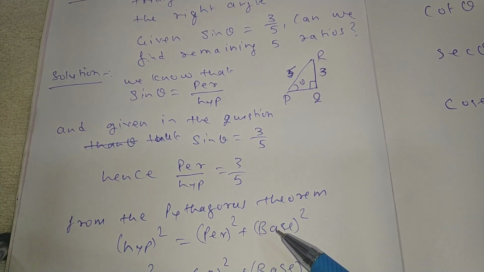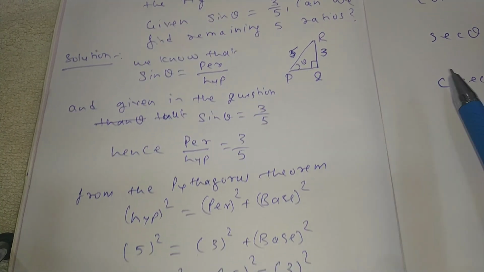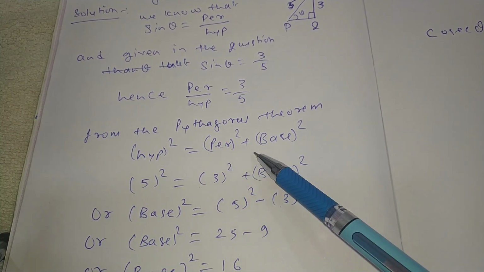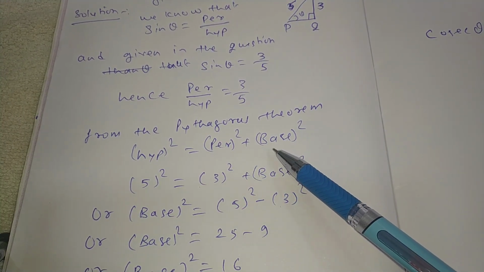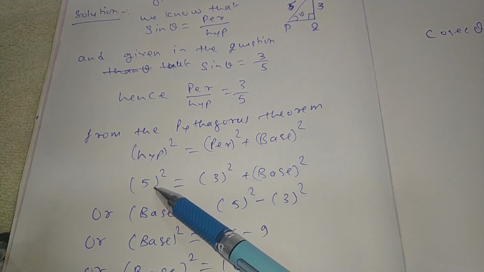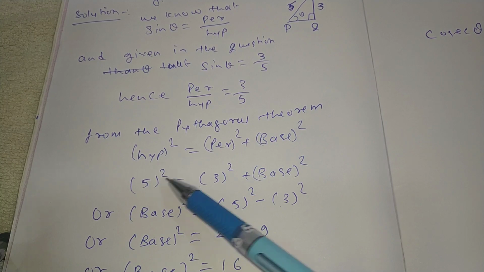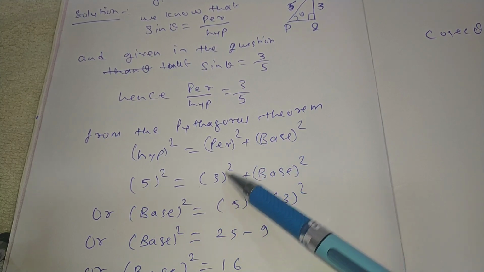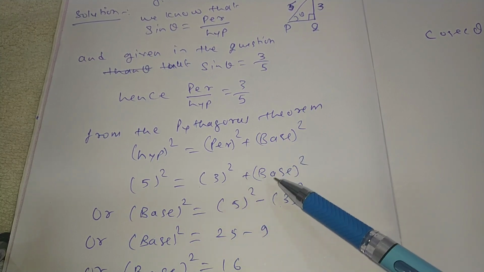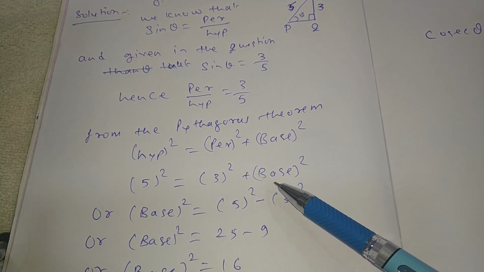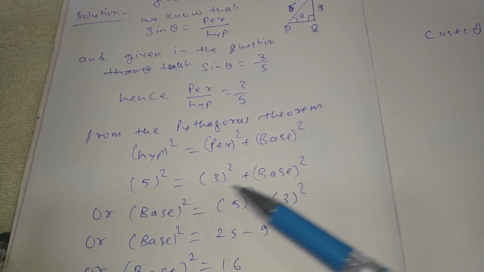Now from the Pythagoras theorem we know that hypotenuse square is equal to perpendicular square plus base square. If we put the values, in the place of hypotenuse let's put 5. 5 square is equal to 3 square, which is perpendicular, plus base square. As we do not know the value of base, we will try to find it here.